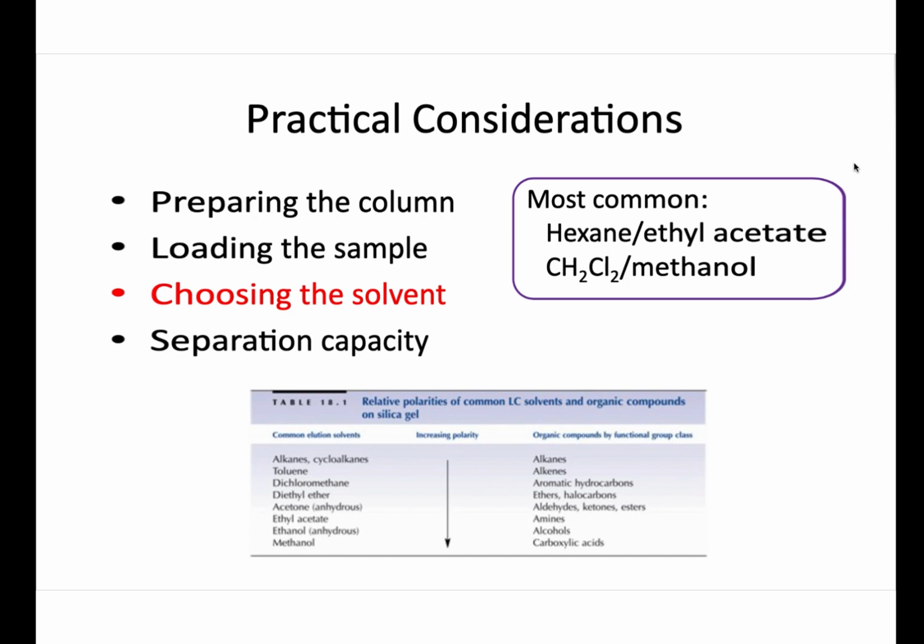If you start with alkane and alkene is not good enough, aromatics not good enough, what do you do? And ether is too polar. What should you do? Mix a small amount of polar solvent into a non-polar one, like ethyl acetate and hexane.